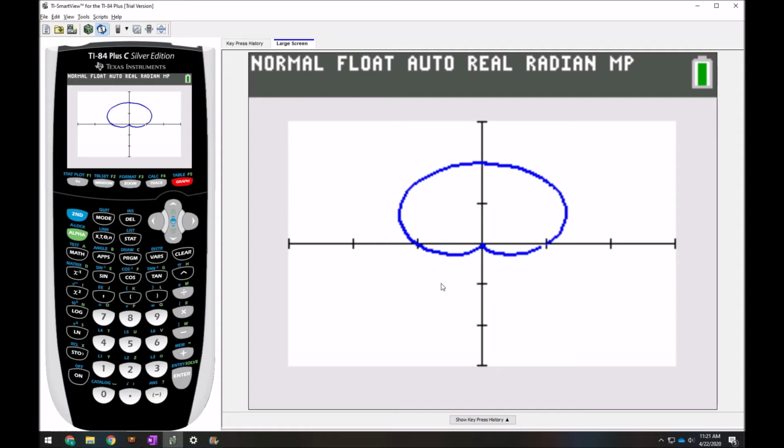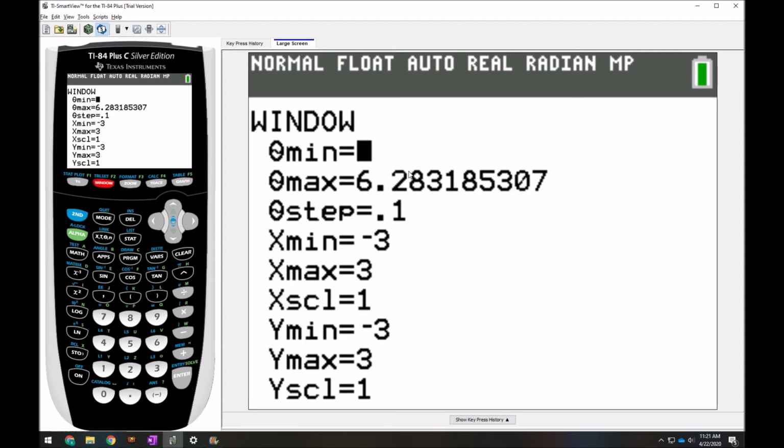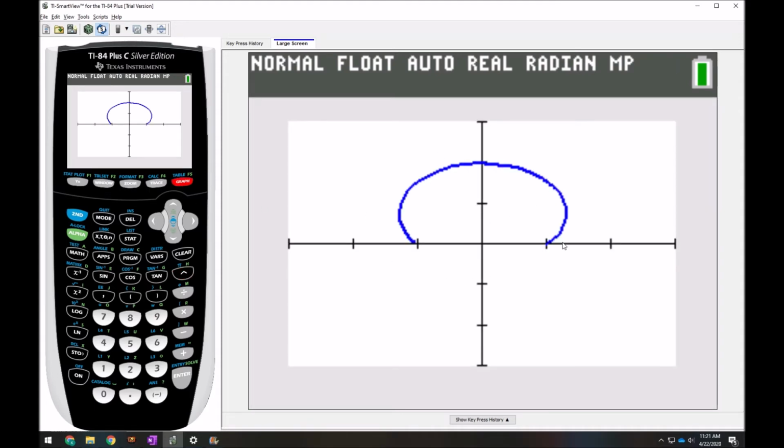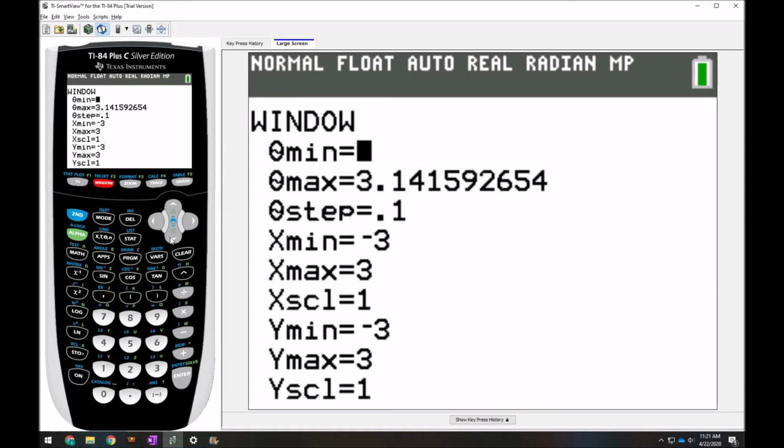So the first thing we would need to know is how long does it take to actually trace this full curve? Well, we had already kind of seen that 2 pi is how long I would need to trace this, but if I was a little unsure of that, I could always go ahead here and start to see that if I adjust the theta max value and attempt to regraph this, that I really need 2 pi in order to create the full picture.